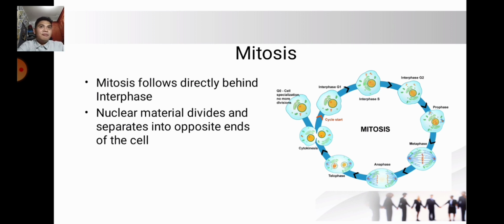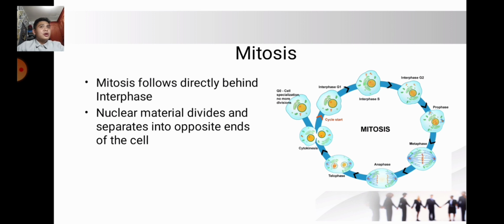And the prophase, wherein in the prophase stage, we can clearly say that there is an intact nuclear envelope and condensing chromosomes with two chromatids held together at the kinetochore.